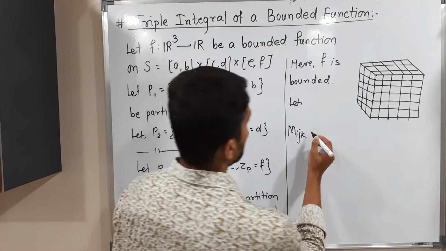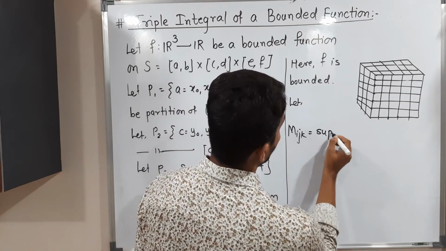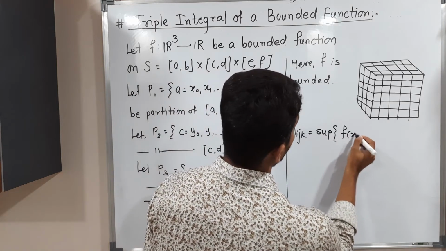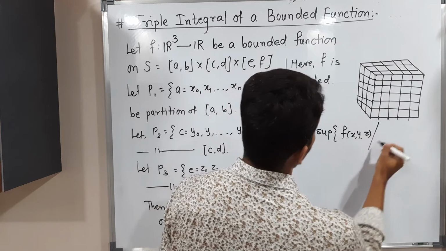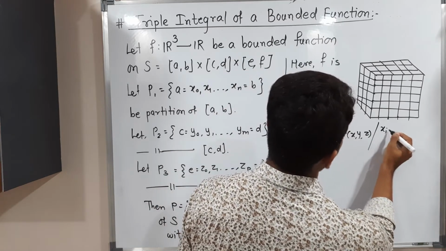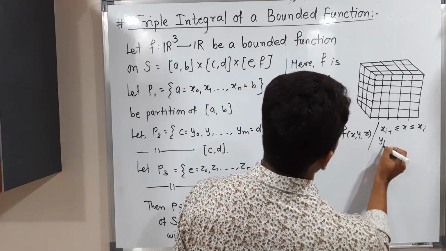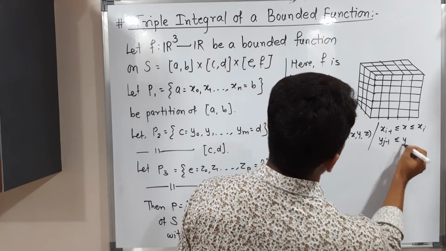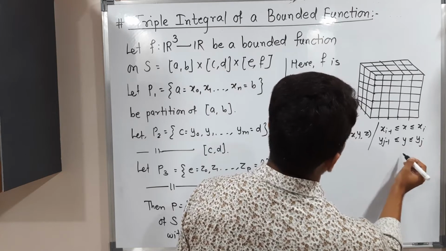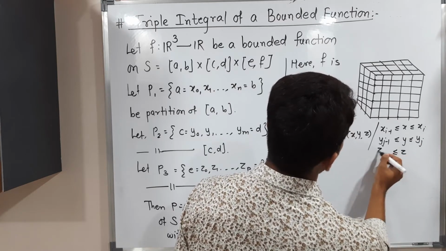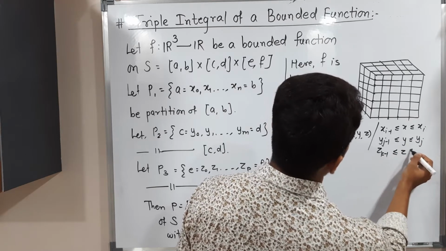Capital Mijk is equal to the supremum of f(x,y,z) such that x varies from x(i-1) to xi, y varies from y(j-1) to yj, and z varies from z(k-1) to zk.